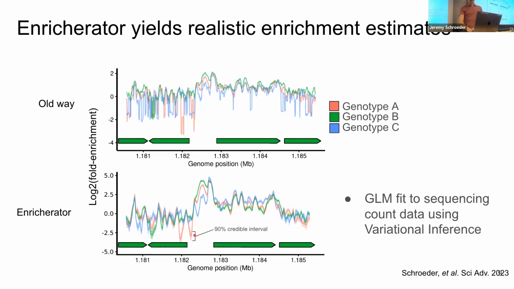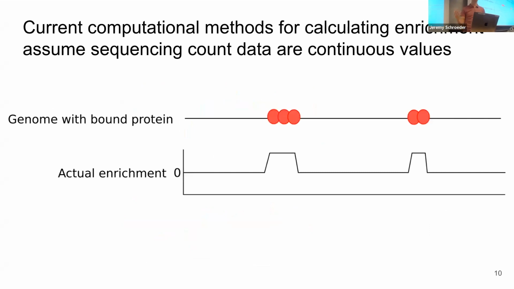A couple of things that are nice about Enricherator, in addition to providing more realistic enrichment estimates than you see with the old way: you get these point estimates of your enrichment represented by the solid lines. And you get these 90% credible intervals basically for free from the samples from the approximate posterior distribution. So we get really intuitive estimates of our confidence in our enrichments, along with more accurate estimates of our enrichments. That's the intuition behind what Enricherator does on these data.